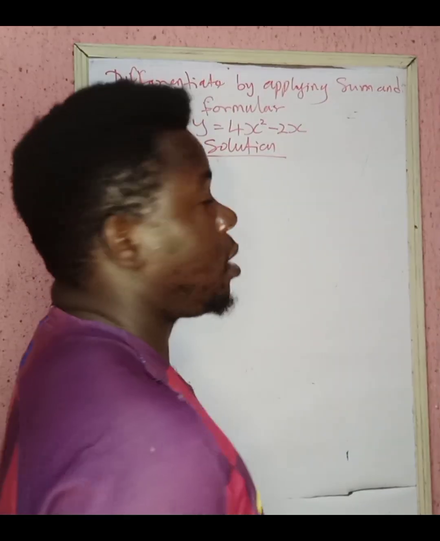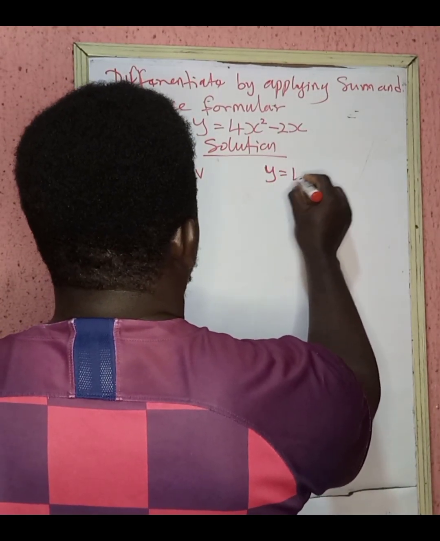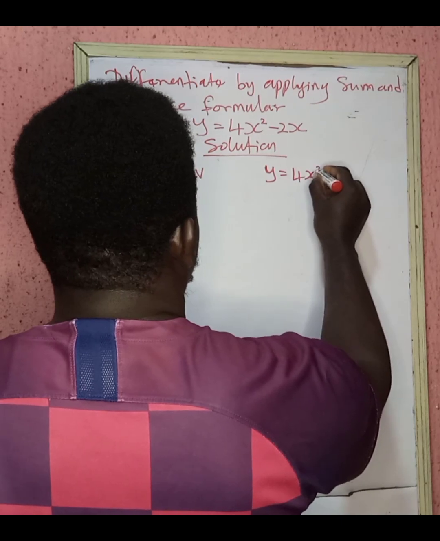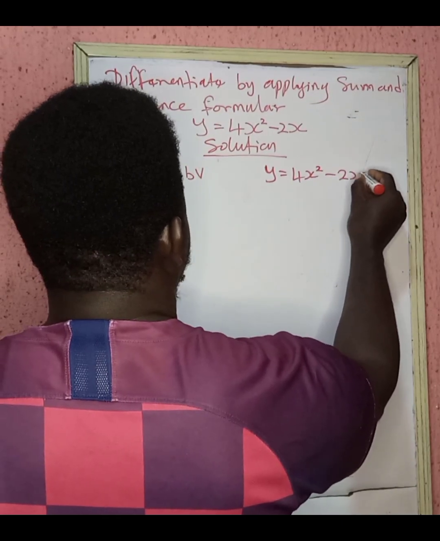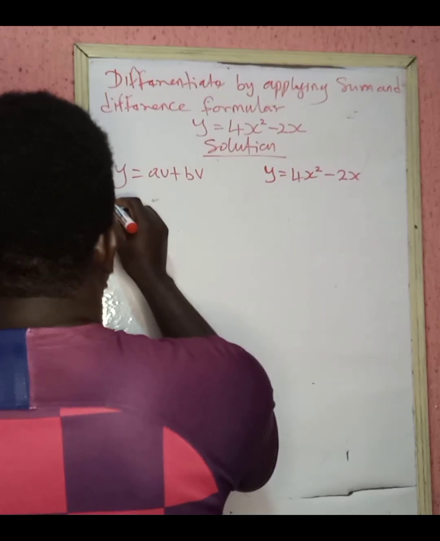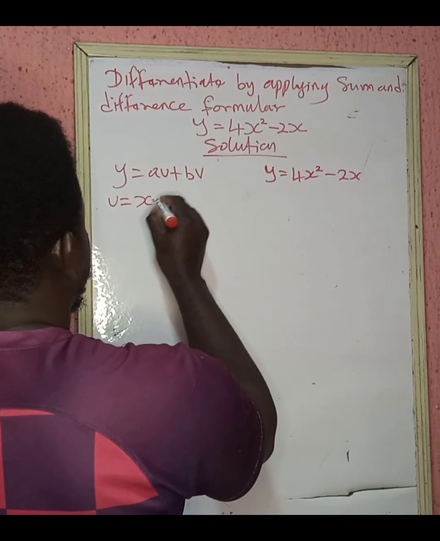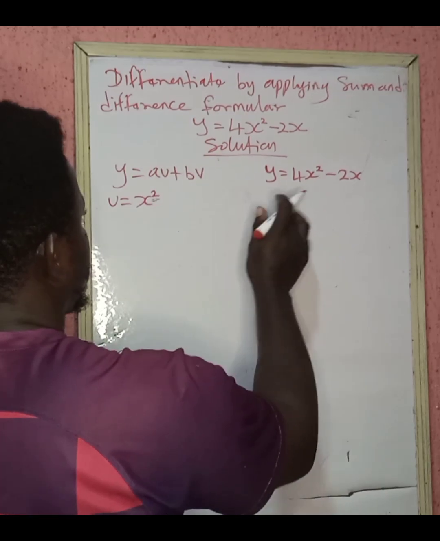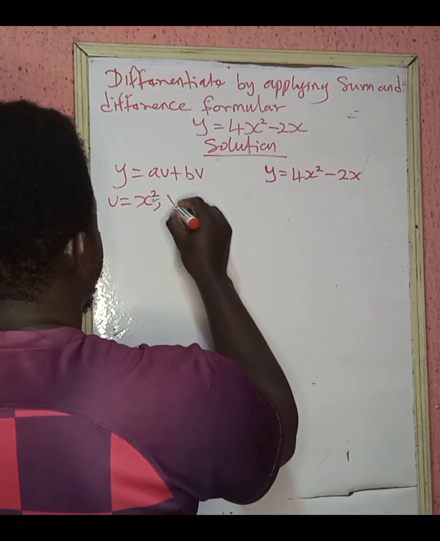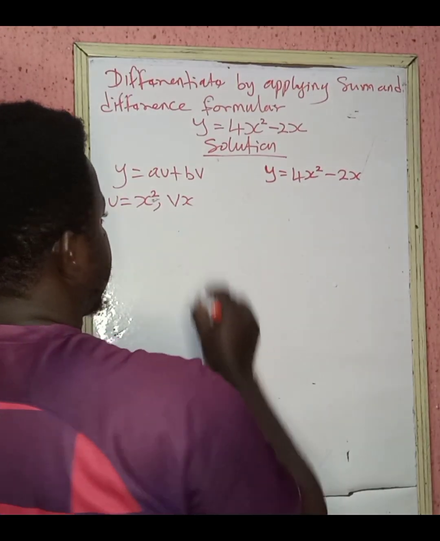So with our question down here, y is equal to 4x squared minus 2x. So we'll say our u is x raised to power 2, while our v is x.